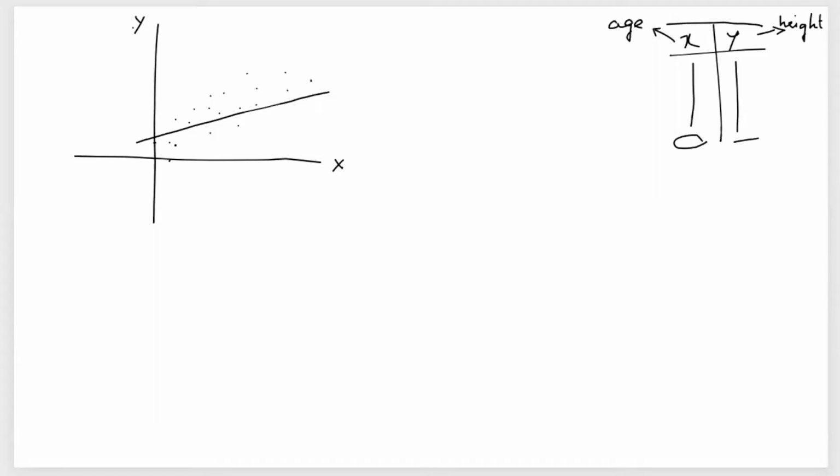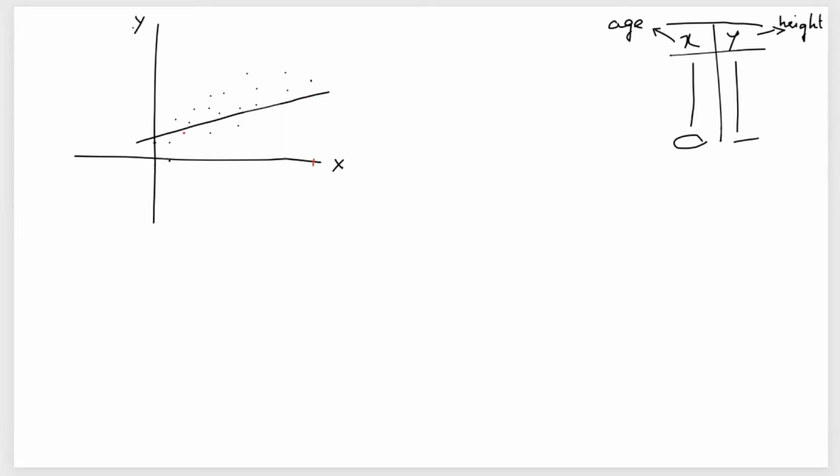I will change the color of the pen. These points are the actual data I have received from past experience. But this is the line which I have drawn, which is supposed to give me the prediction. On this line, if I give any value of x, it should tell me the point in y.